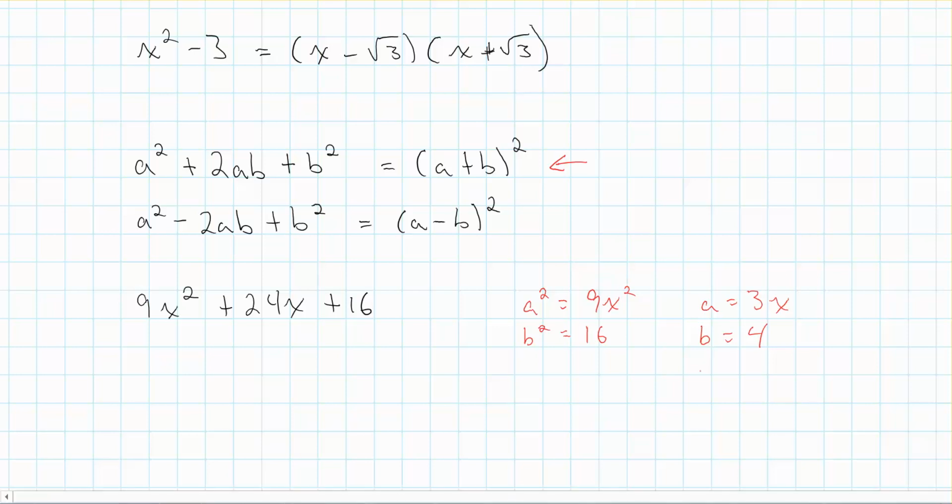So what is 2ab? 2ab would be, of course, 2 times 3x times 4, which is just 24x, which is exactly what we have in the middle there. So we can use that special factoring, and this factors to 3x plus 4 quantity squared.